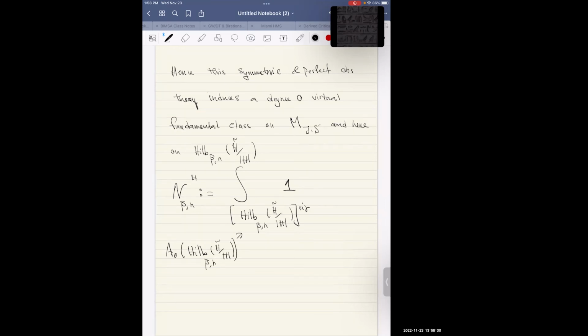As an element of homology, it's degree zero. So the invariant is given by the integral of a constant.